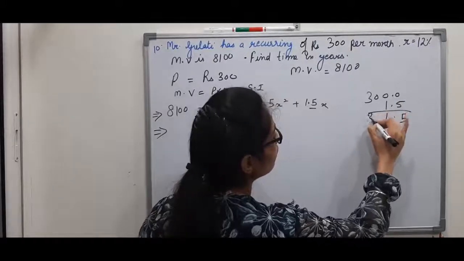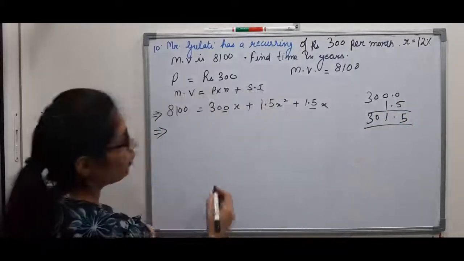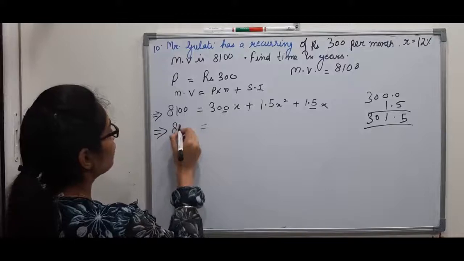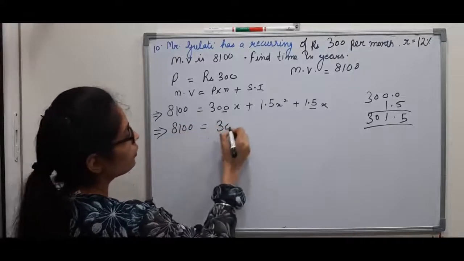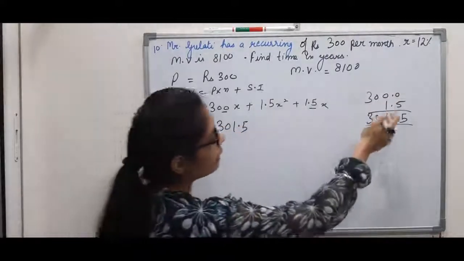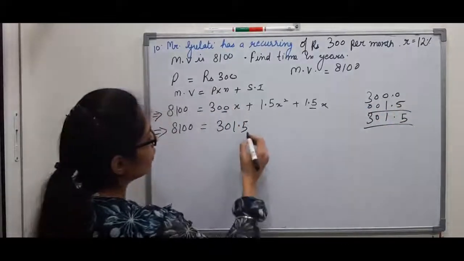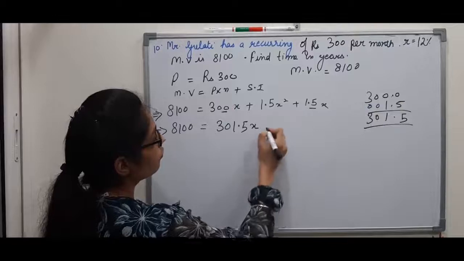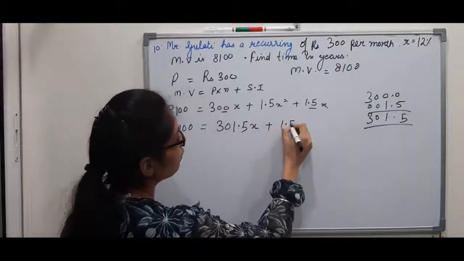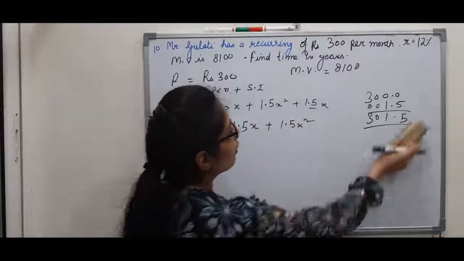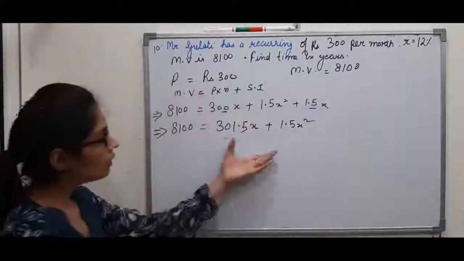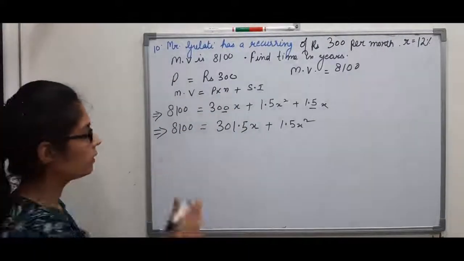So on addition, I got 301.5. See, simple addition I have done. So I got 301.5x plus 1.5x square.